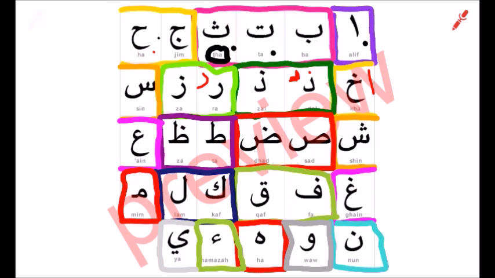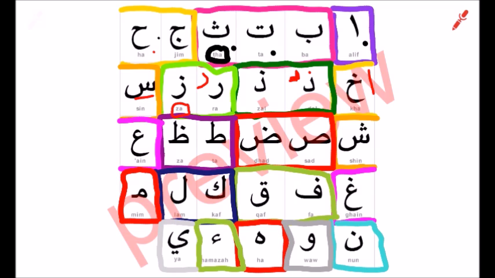The bodies are the same, it's the placement of the dot. So Ra has no dot and Za has a dot at the top. But if you're unsure of how to say it, just look at the bottom of the letter, there's transliteration right there. Then moving on to the orangish brownish type box.